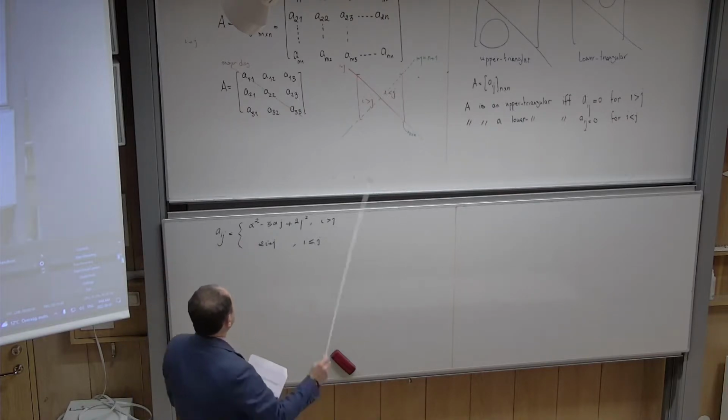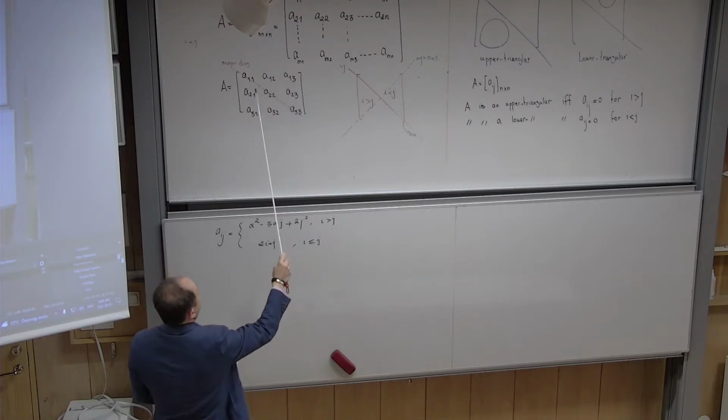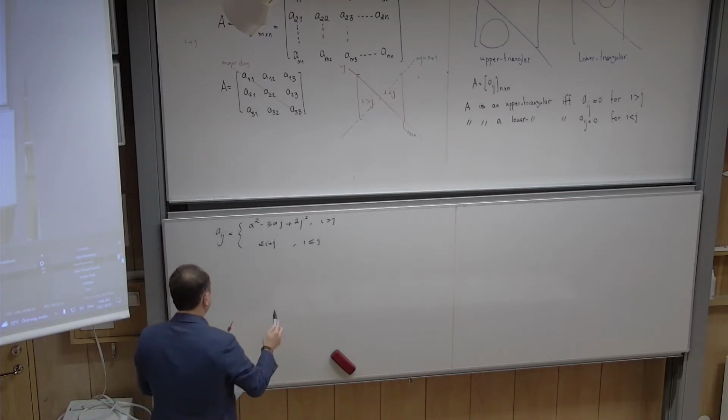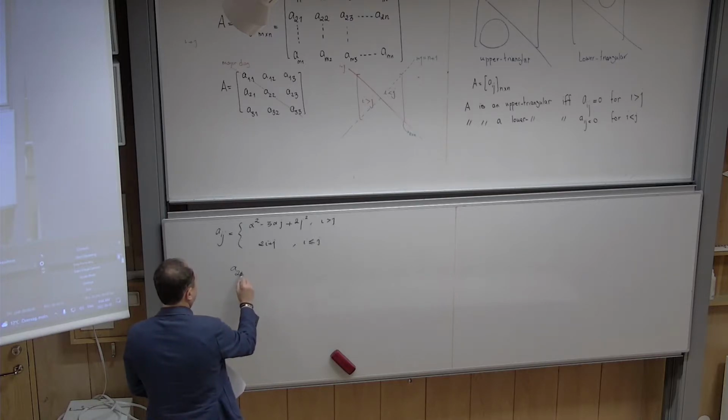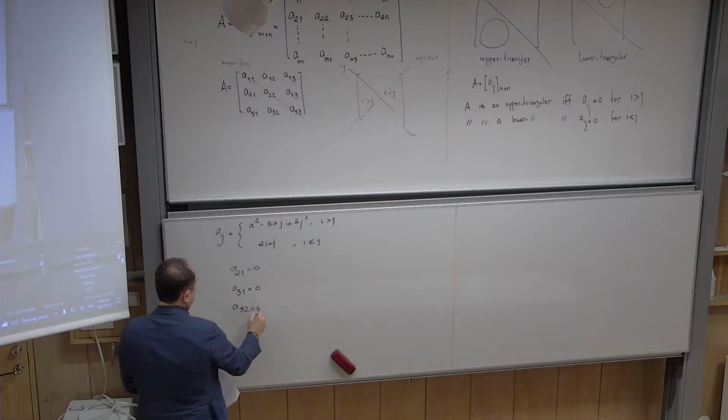But this is a 3 by 3 matrix, so this means that these three numbers should be 0, yes? Because I want to make it an upper triangular matrix. So this means that A21 should be 0, A31 should also be 0, and A32 should also be equal to 0.